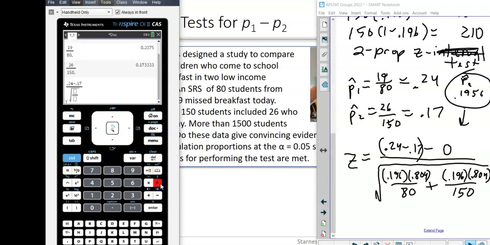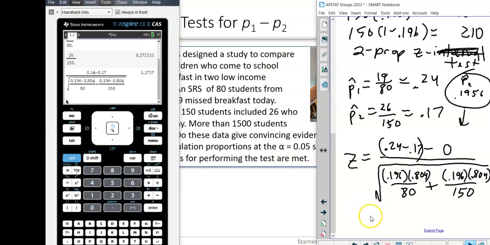Control divide. So 0.196 times 0.804 over 80 plus control divide 0.196 times 0.804, or 1 minus, whoops, 1 minus 0.196, all over 150. We should get a decimal there.